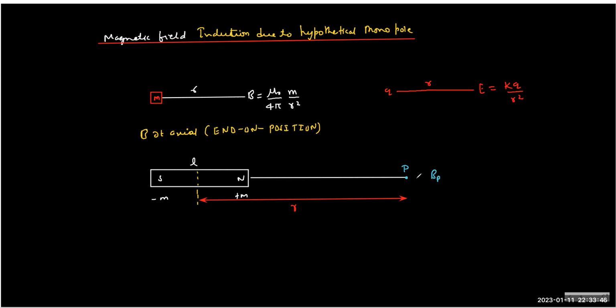So the north pole will create B like this, correct? Bn, and the south will create B like this. So BP is how much, guys? Bs minus Bn, right? Bn minus Bs, correct? And Bn we can write as mu naught by 4 pi, m by how much?